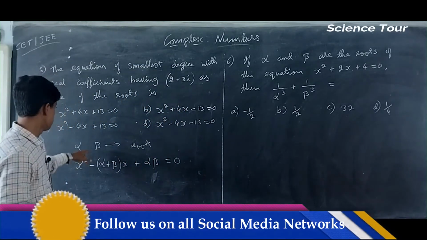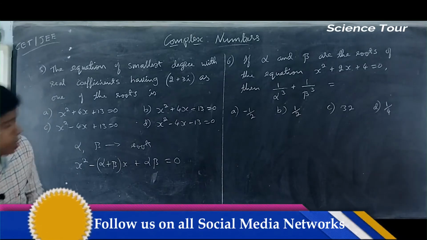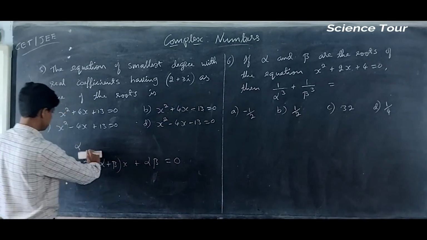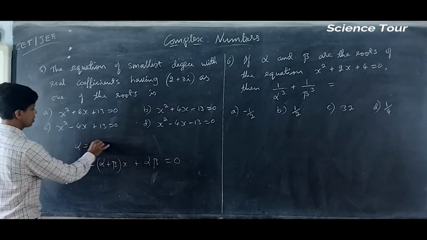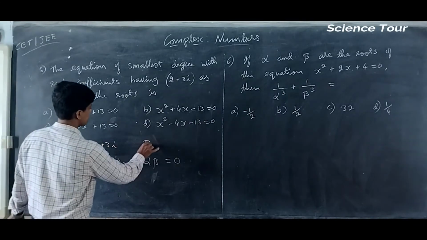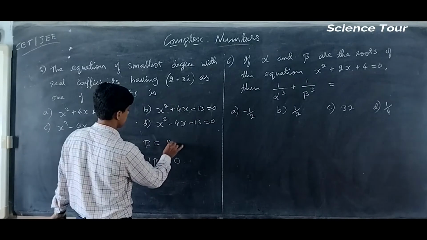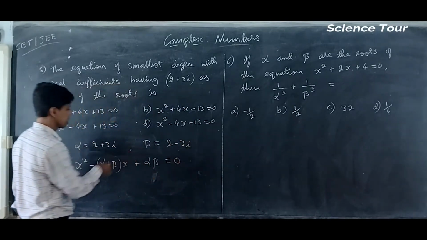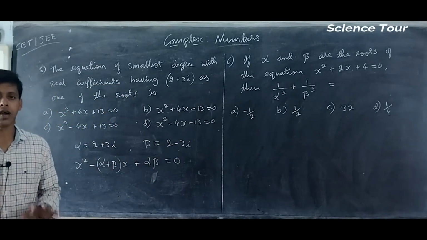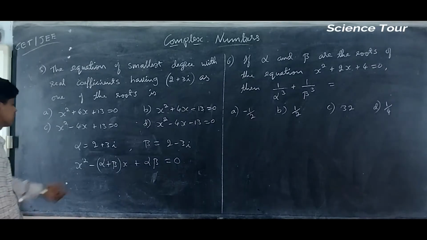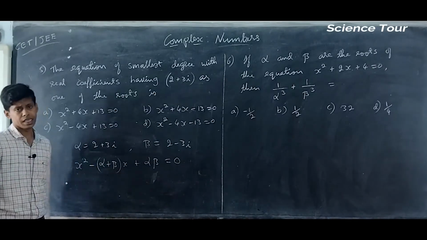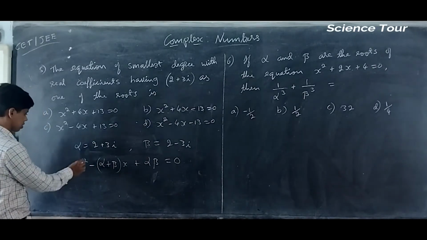So what is alpha here? Alpha is 2 plus 3i, and then beta, the other root, will be the conjugate of alpha, which is 2 minus 3i. So now we have got alpha and beta. You just have to substitute here and you will get the quadratic equation that is required.